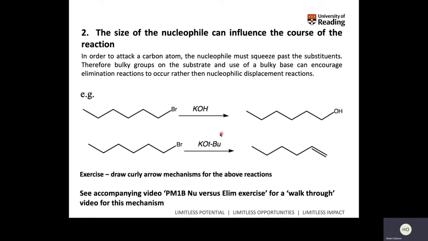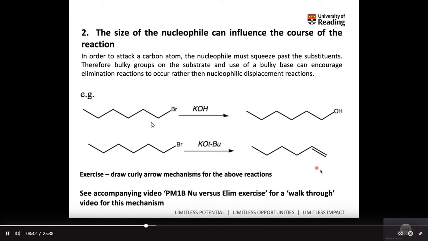In contrast, if we use a very big negatively charged species, it's so big that it's not able to access the carbon. There's too much steric hindrance, and that would require far too much energy. So instead it's going to access a more sterically accessible area, such as a hydrogen. When it does that, we'd have the hydrogen removed and the leaving group removed, so we'd be doing an elimination reaction, which would give us an alkene.